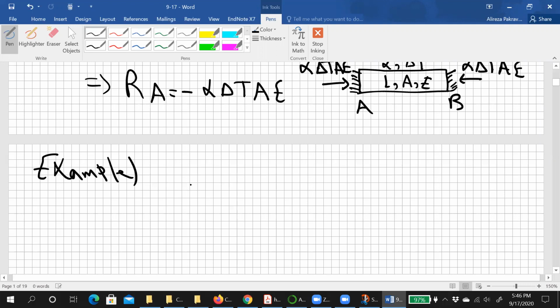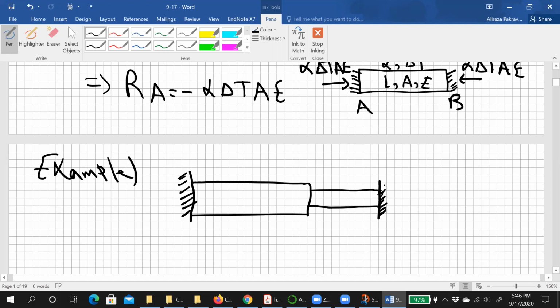So let's see, we have something here. Okay, indeterminate bar.